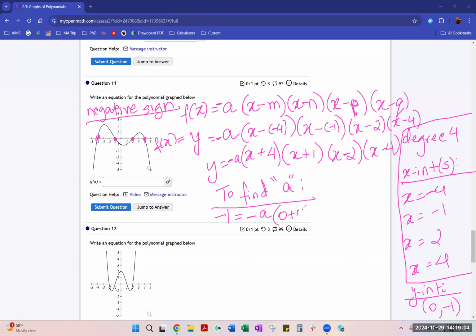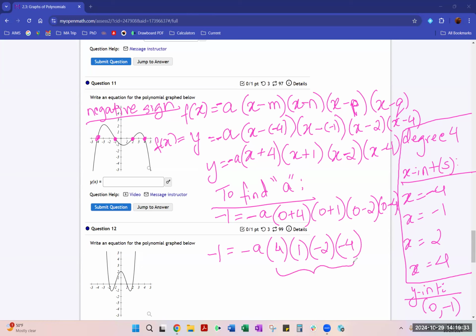So you will end up with 0 plus 4 for the first factor, 0 plus 1 for the second one, 0 minus 2, 0 minus 4. So again, -1 for the y value, -a, 0 plus 4 is 4, 0 plus 1 is 1, 0 minus 2 is -2, 0 minus 4 is -4.